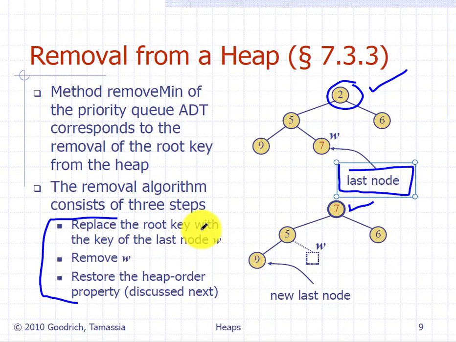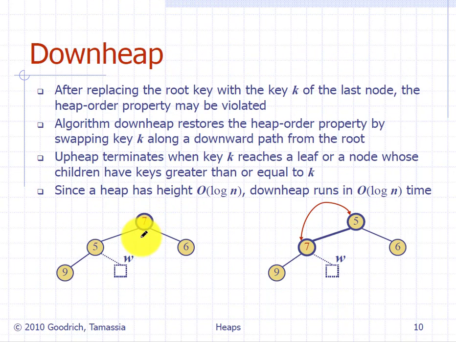So we need to restore the heap order property, and we do something called a down heap. Let's now look at how the down heap works. We've got our 7 at the top. All we have to do now is compare 7 with the 2 children. Remember, it's a binary tree, so you have a notion of a left child and a right child.